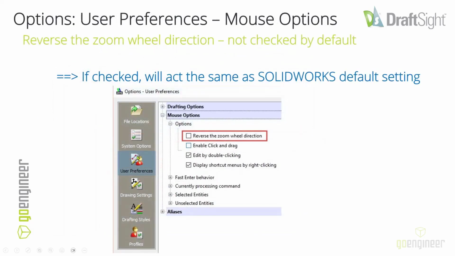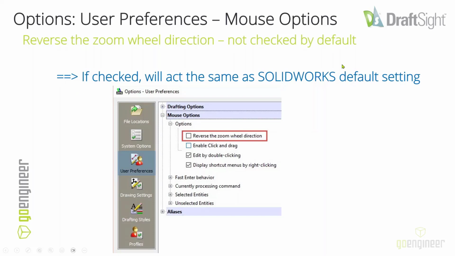Here's a big popular one. So under your user preferences, under mouse options, under options for mouse, we have reverse zoom wheel. Okay, if you leave it alone, don't touch it, it's just like AutoCAD, what you're used to. But for SolidWorks users, there's an option in SolidWorks to check this. If you check this in SolidWorks, it'll make it like AutoCAD or like DraftSight, okay, without this checked.